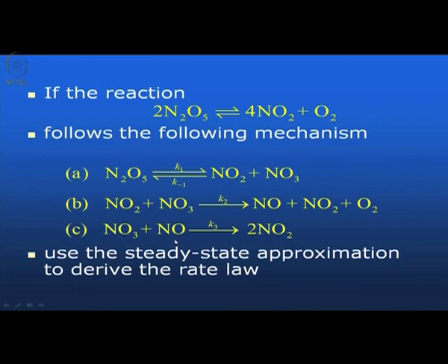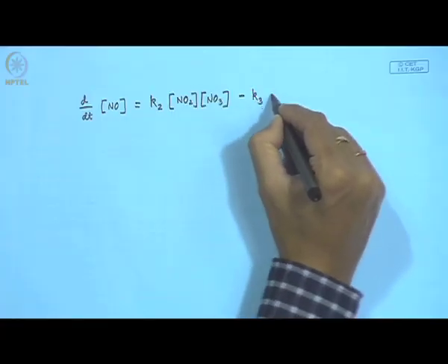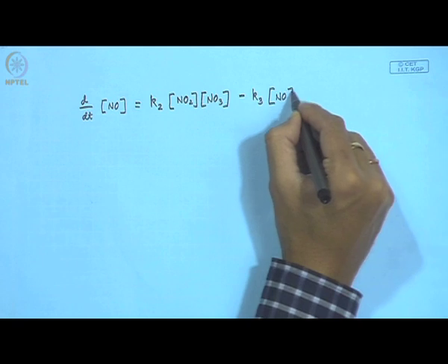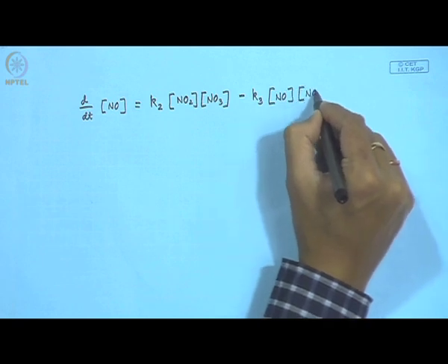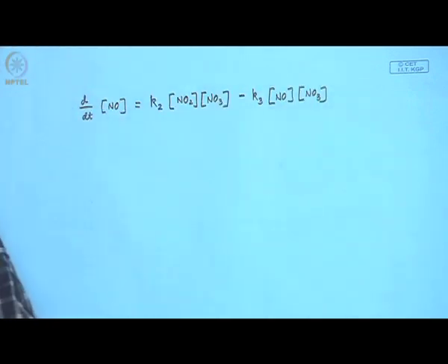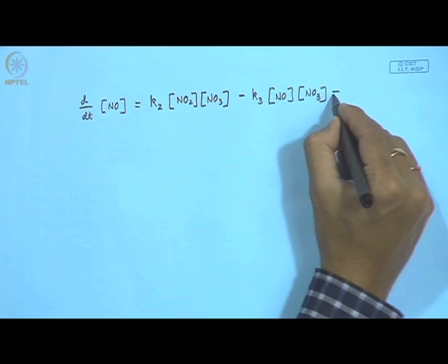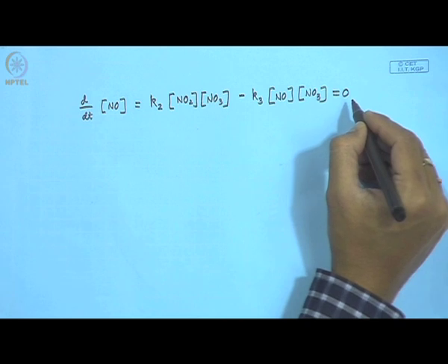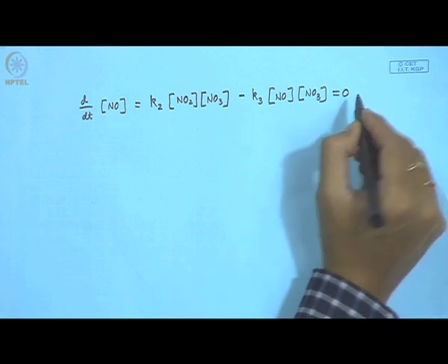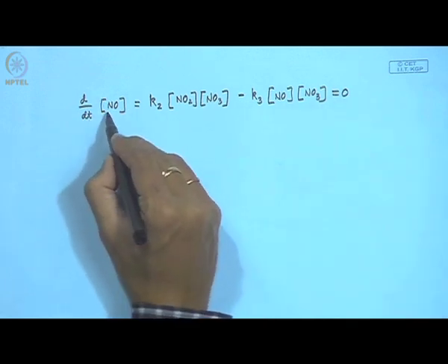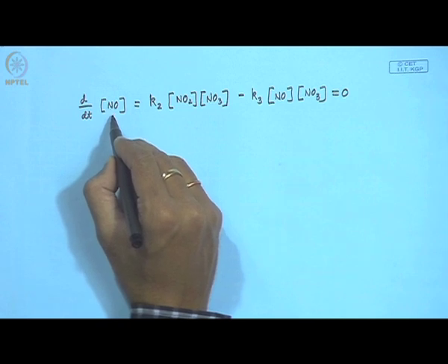So, minus K3 into NO3. You put this equal to 0, that means you are invoking steady state approximation, that is, with time the concentration of NO does not change.